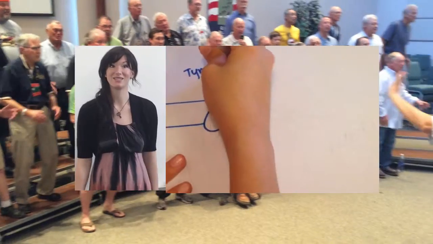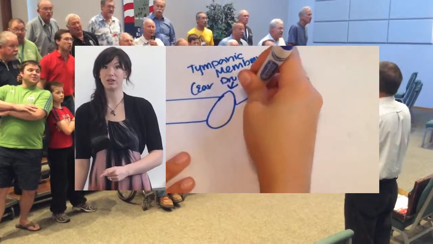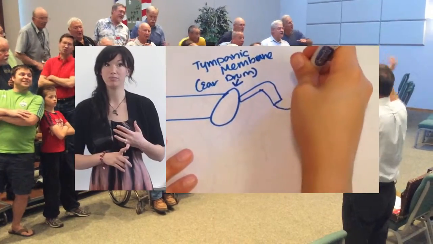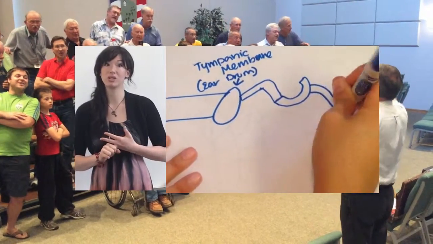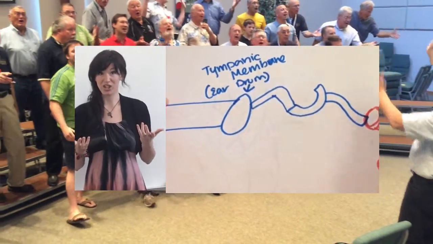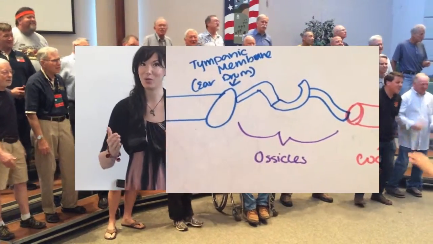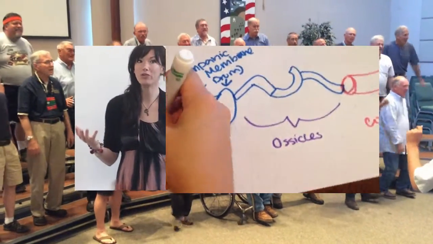Well, what happens next? Next, that tailored sound gets to the middle ear, which is really just your eardrum and three small bones that work like a lever system. When pressure changes, sound waves get to the eardrum, it vibrates along with them, picking up the waveform.